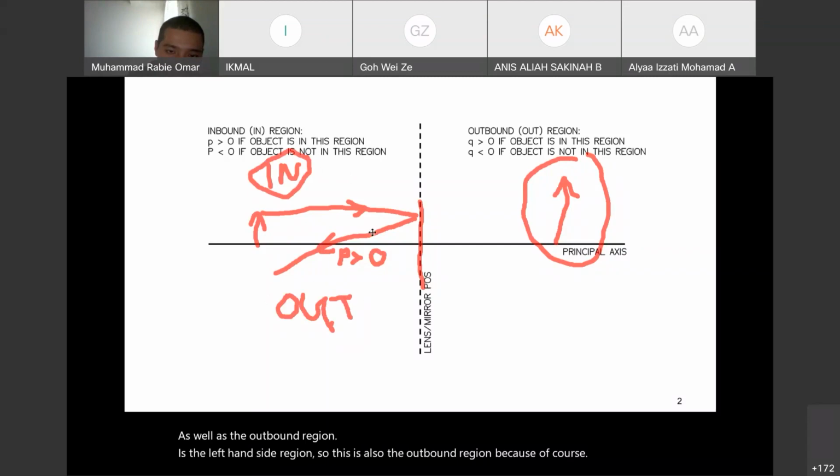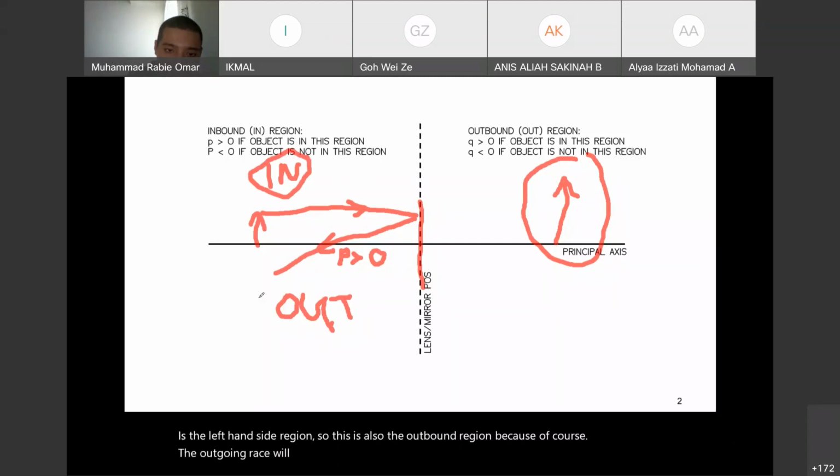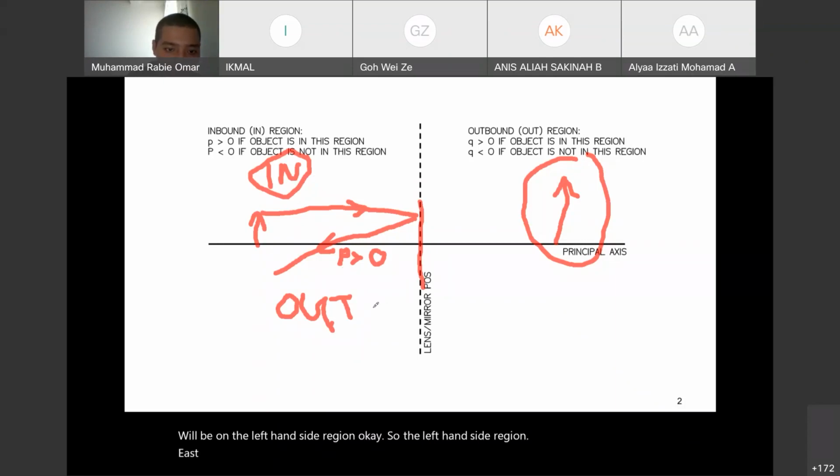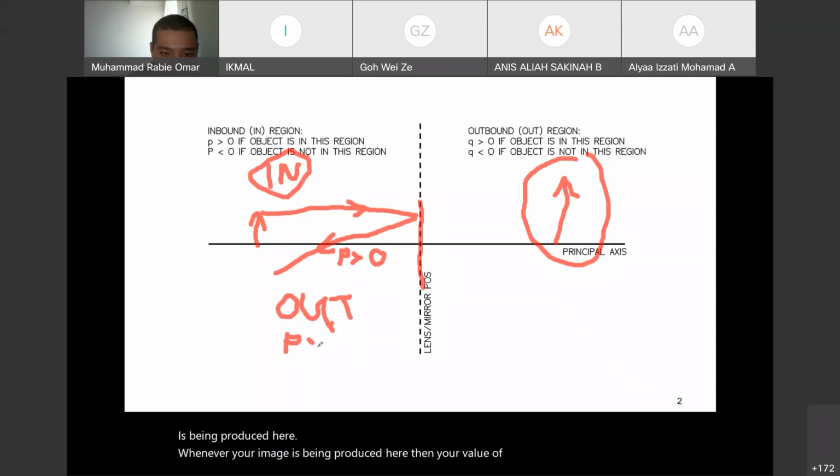So the left-hand side region is the inbound region, as well as the outbound region, because the outgoing rays will be on the left-hand side region. So the left-hand side region is the inbound region as well as the outbound region. Whenever your object is here, your value of P is positive, greater than 0.